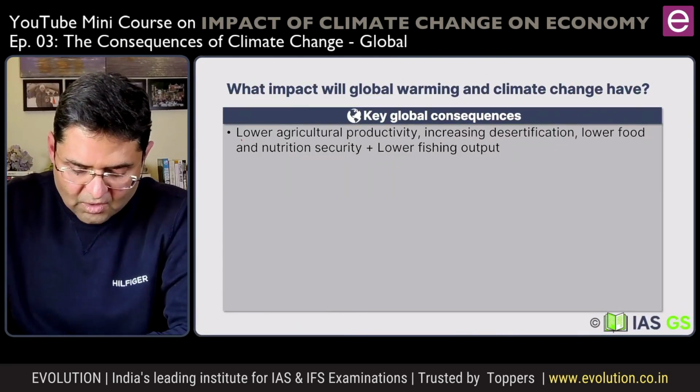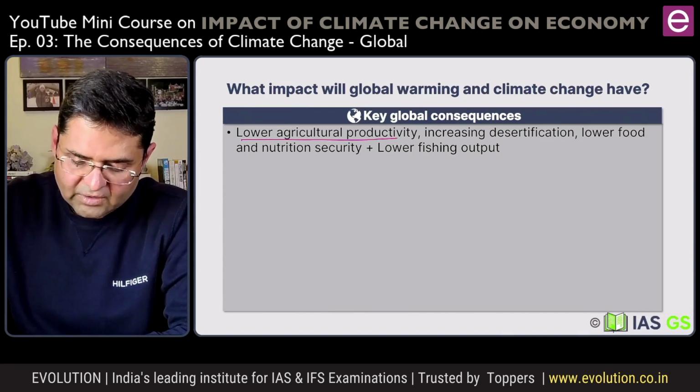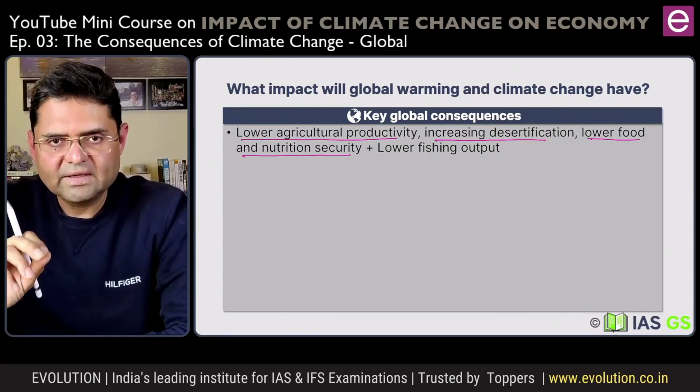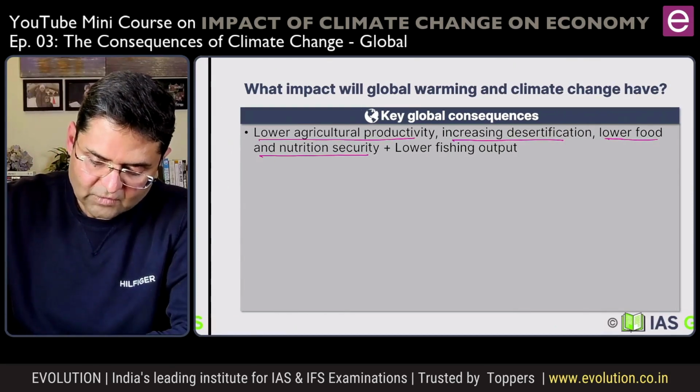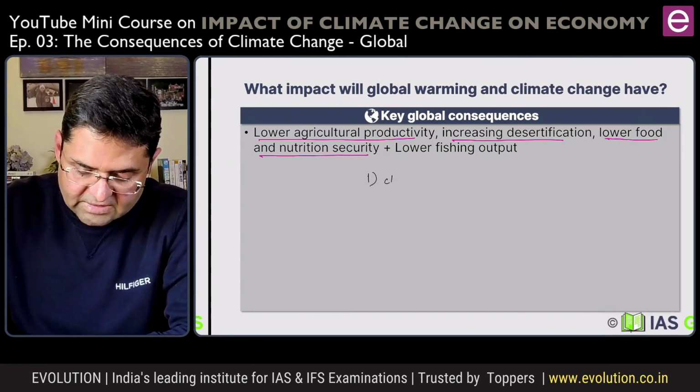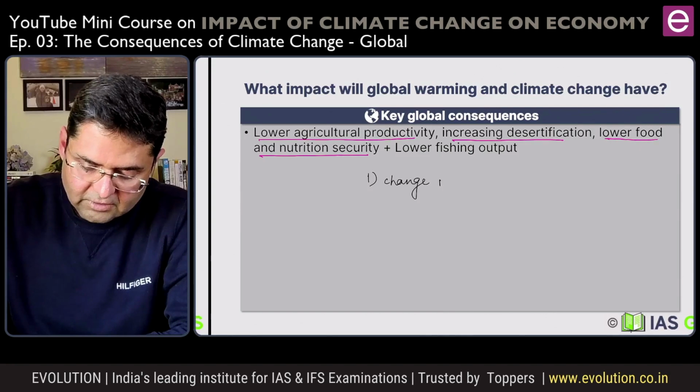Then we have lower agricultural productivity, increasing desertification, and lower food and nutrition security. So why do we think that agricultural productivity is going to be less? The first reason is change in rainfall.